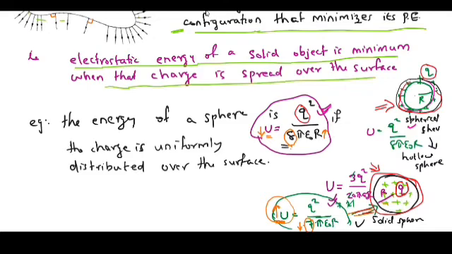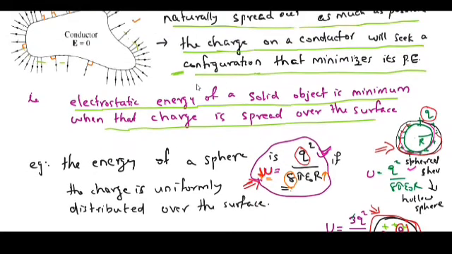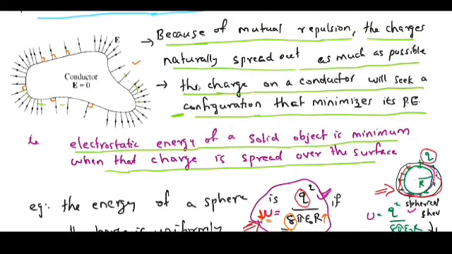If the charge is distributed throughout the volume, such a configuration will have a larger amount of energy. If the charge is distributed throughout the surface only, that surface charge distribution has the minimum energy. What is the advantage of this? The charge on a conductor will seek a configuration that minimizes its potential energy.